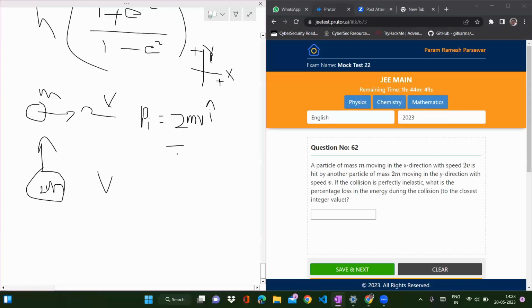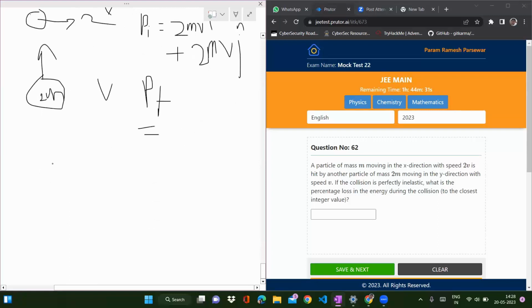2mv i cap plus 2mv j cap, and then P final will be, so after collision, it will be like this: this 3m mass will be there as the masses will stick. It will go somewhat like this because it will have a y component also and x component of velocity.